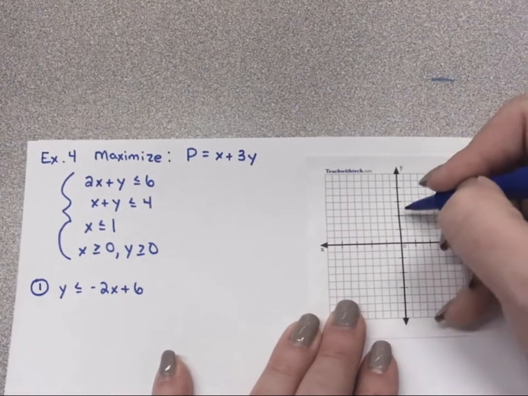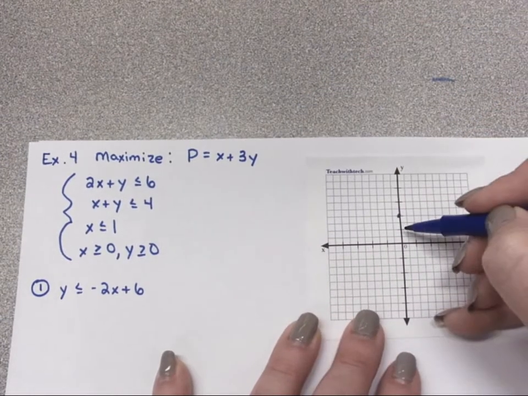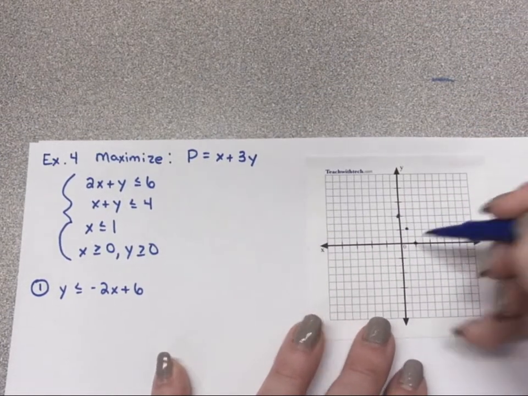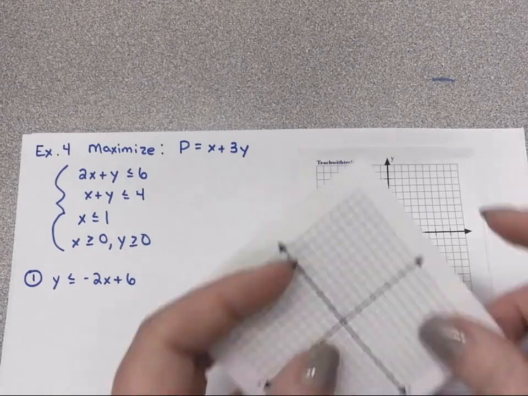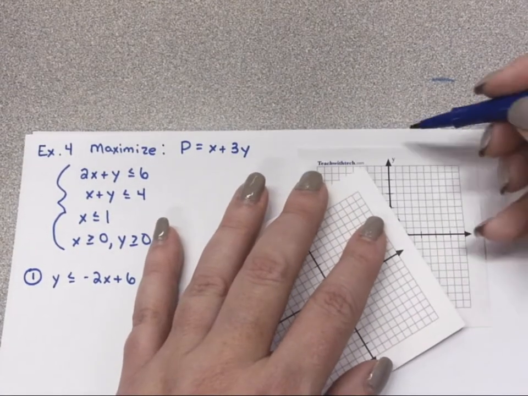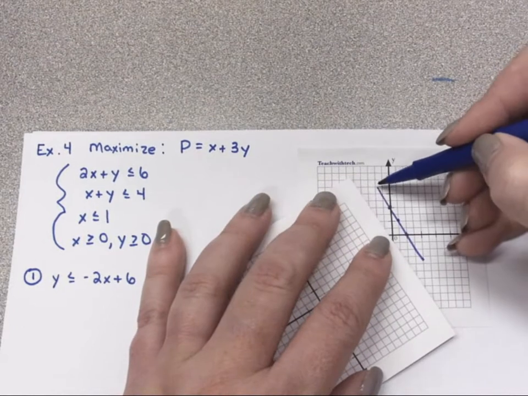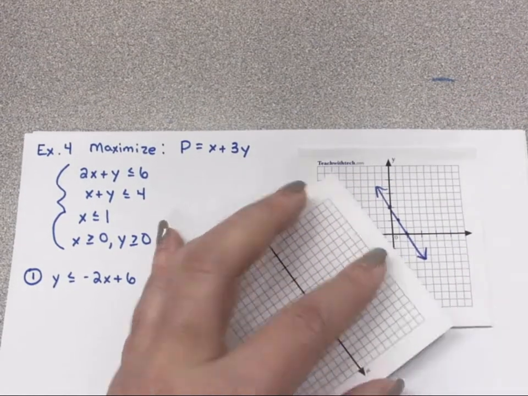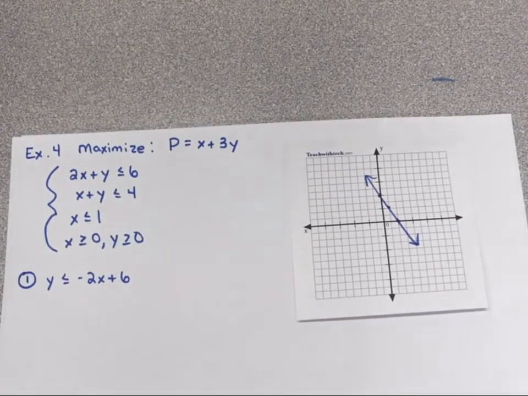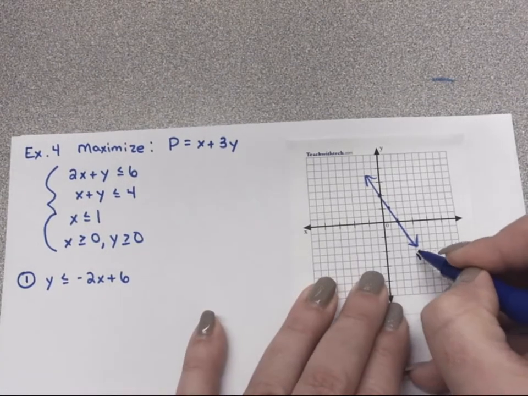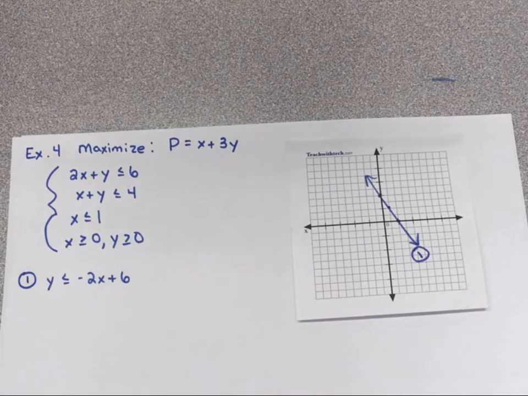Y-intercept at 6, and I'm going to go down 2 over 1. So it's going to look like this. My graph is going to have to be pretty tiny. This is where a larger grid graph paper comes in handy. I'm going to call this equation 1, just so that I don't get confused with the second equation I'm going to graph, which I'll use a different color for, but it's nice to label it there.